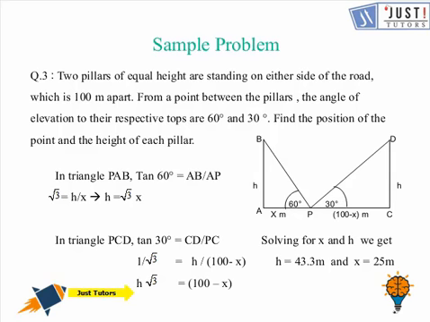So we'll be having two equations, and if we go and solve them for h and x, we'll get the value of h as 43.3 meters and x would be 25 meters. It means the height of the tower is 43.3 meters and the point P is located at a distance of 25 meters.